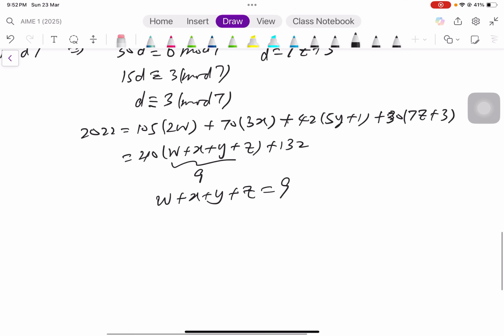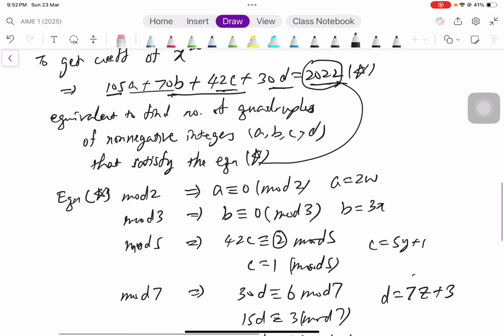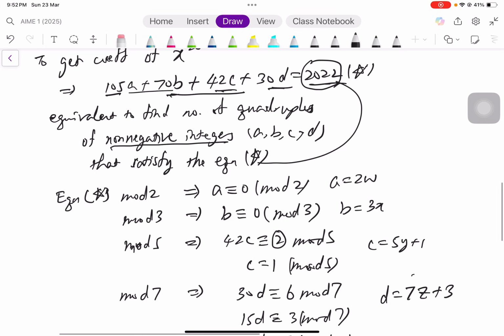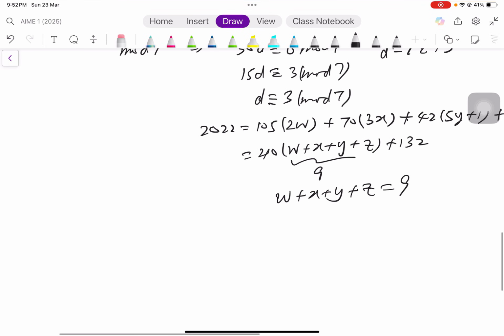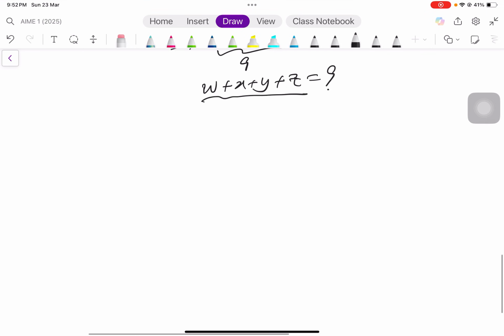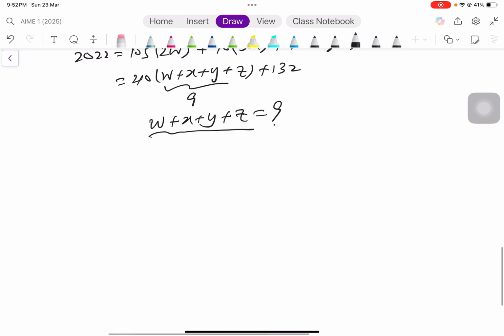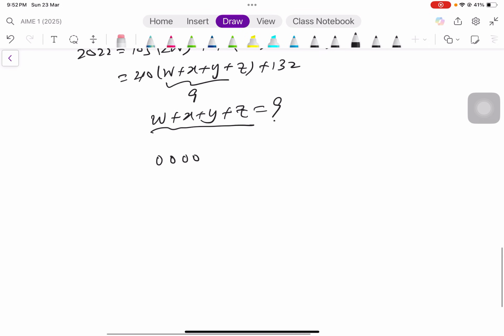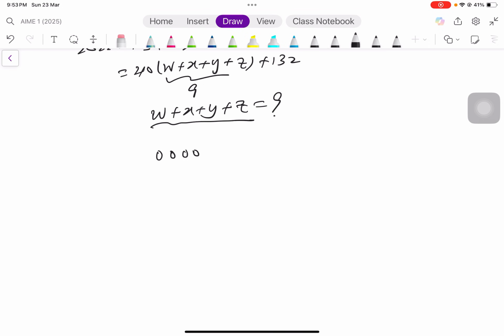Therefore, basically we are solving for non-negative integers w, x, y, z with sum equal to 9. Therefore, I think this is the same question again. Non-negative, right? That means we see them as identical balls partitioned into four parts, that is, nine identical balls going into 4 pigeonholes.